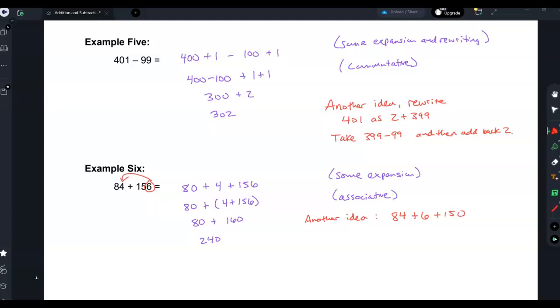So we just split up, we did the same thing, we just expanded this, and then it's the same from there. 84 plus 6, that's easy to do, right? So do that in your head because of the making 10 strategy. So that would be 90, and then 90 plus 150, you still get the same answer. You get 240.